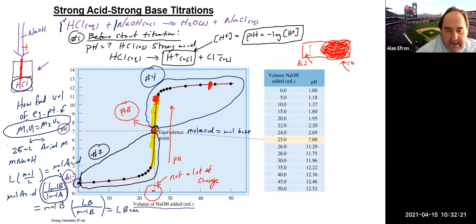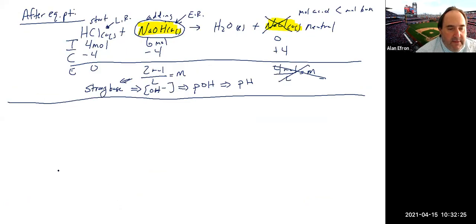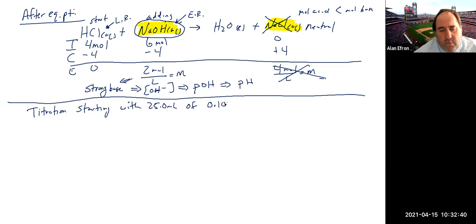Let's say we did a titration starting with 25 milliliters of 0.1 molar hydrochloric acid.